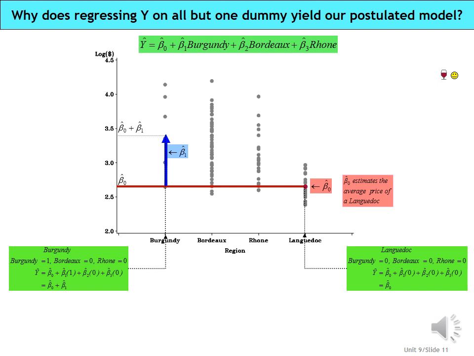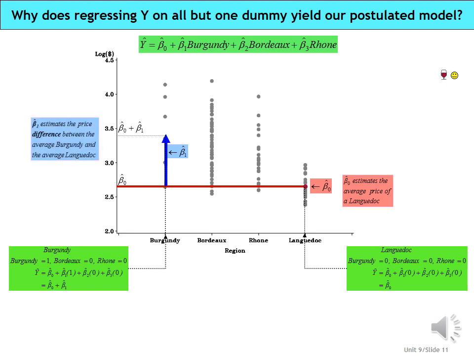So beta 1 is used as the difference between the mean for Languedoc and for Burgundy, because we take this as the base. Whenever we remove that variable, we set that as the 0 level. That's the reason beta 1 is the distance from beta 0 to the mean of the Burgundy.